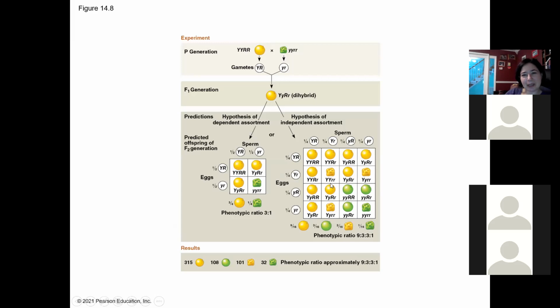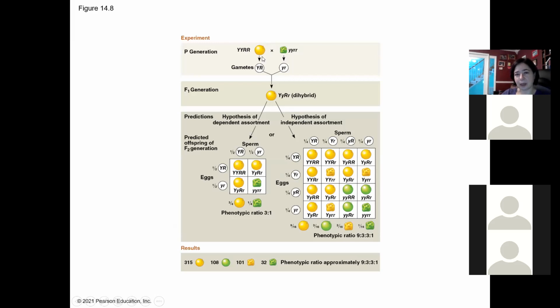So what Mendel did, he took not the flowers, he took the seeds, right? And seeds can have different characteristics. First of all, color and shape, right? So it can be yellow and can be green. It can be round and can be wrinkled.